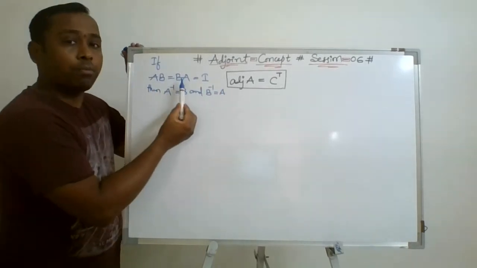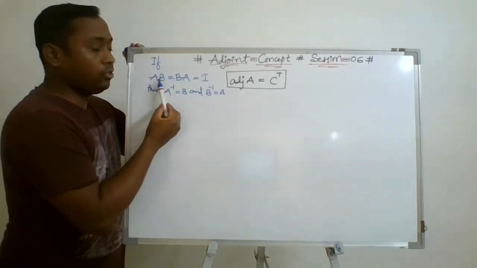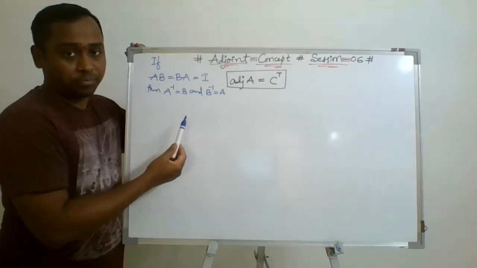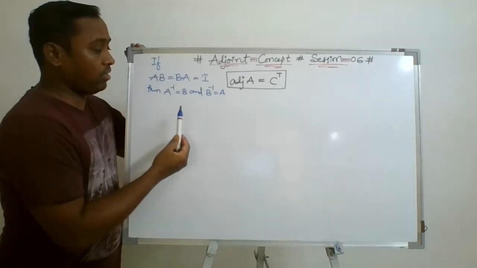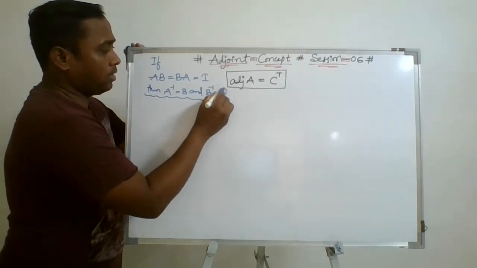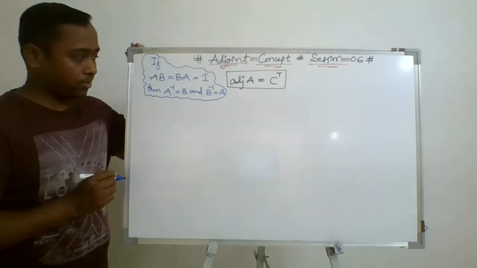AB is equal to BA is equal to I. Then we can say these two matrices are inverses of each other. So based on this fundamental concept, we are going to discuss some important results.